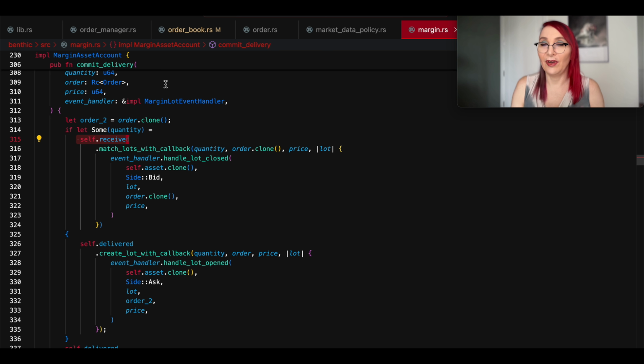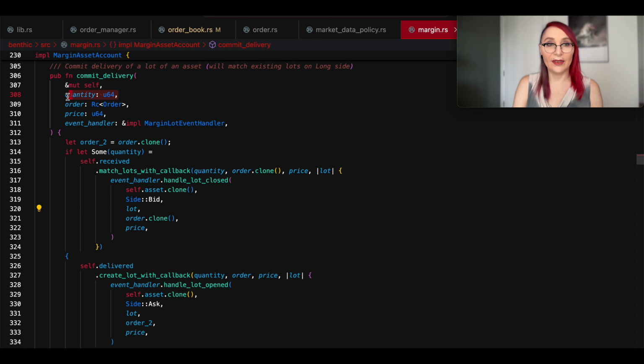So if I'm delivering a Bitcoin, do I have any lot of Bitcoin on the received side? The received side is the long side, okay? And the deliver side is the short side, okay? So if I have something, it's on the long side, I have received it. So I need to check if I have received something that I can now deliver. So that's why I'm doing match lots on the receive side.